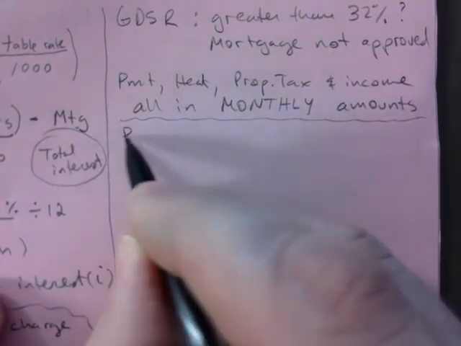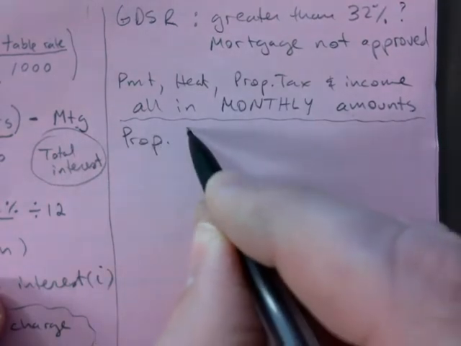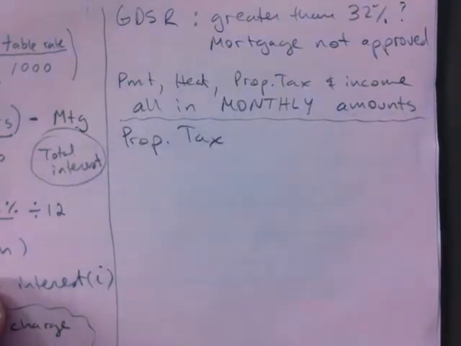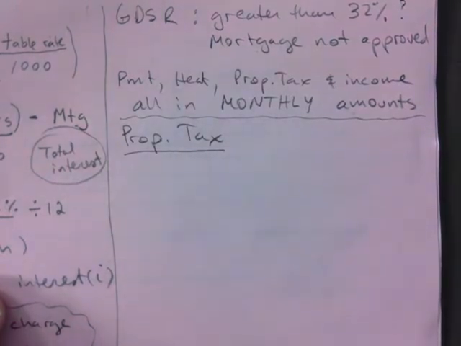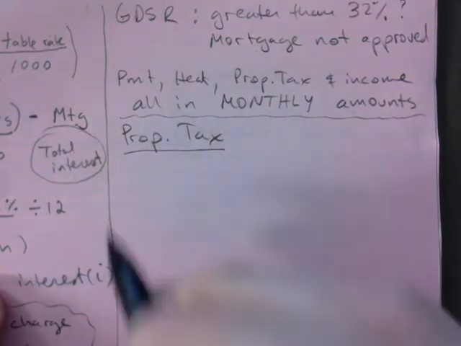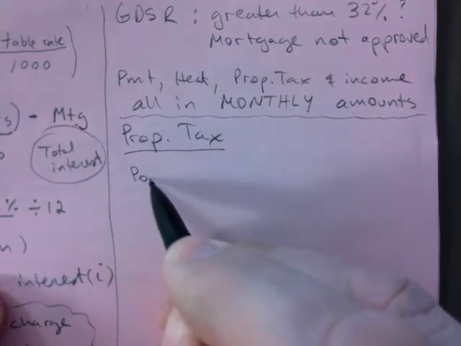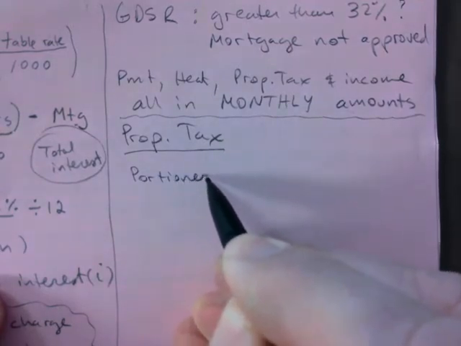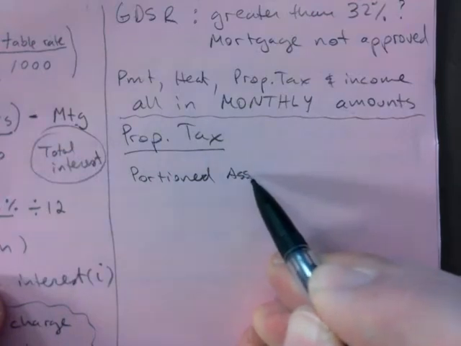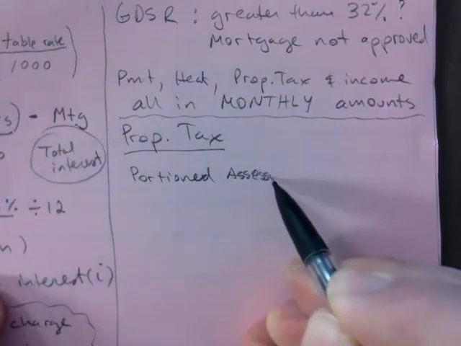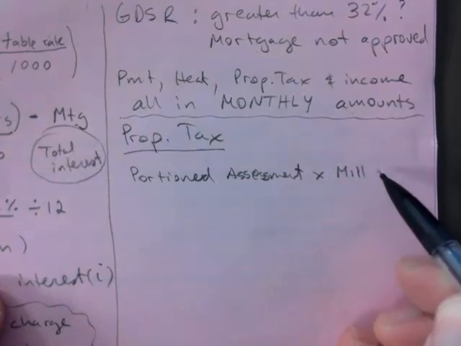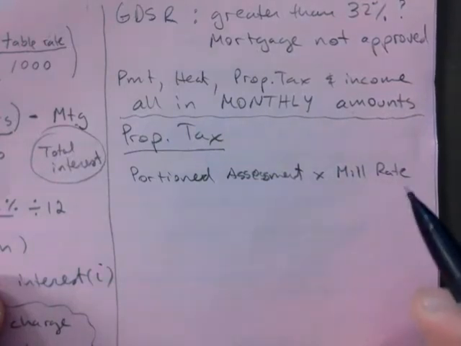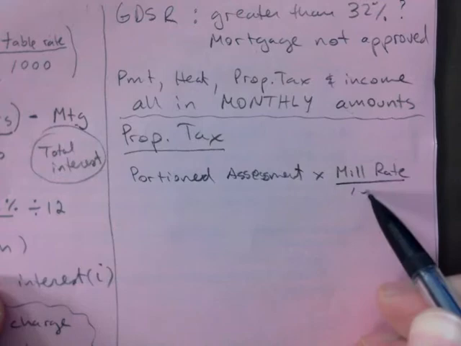Property taxes. Big concept here. So basically what you want to do is you take the portioned assessment and you multiply it by a mill rate, but that mill rate always needs to be divided by 1,000.